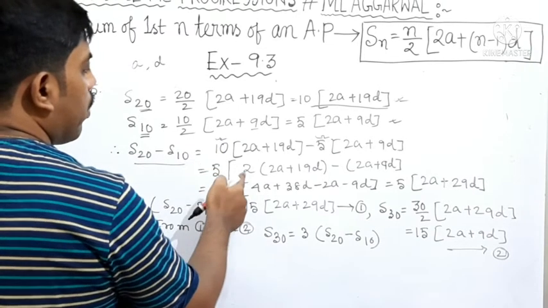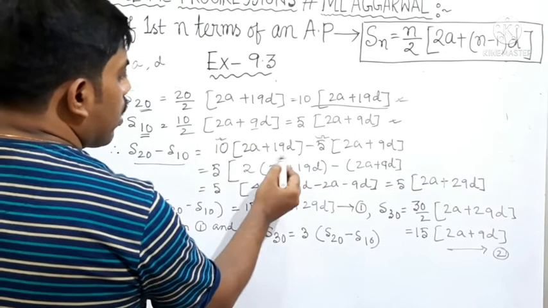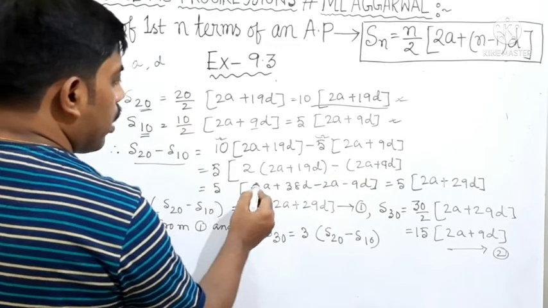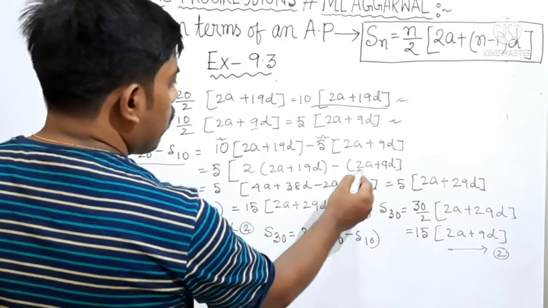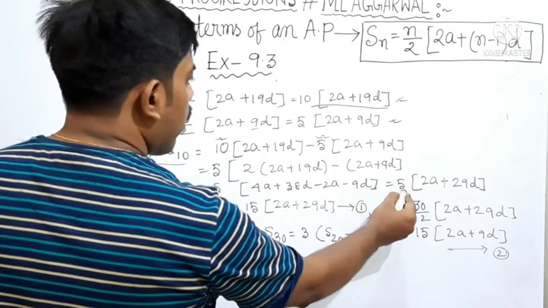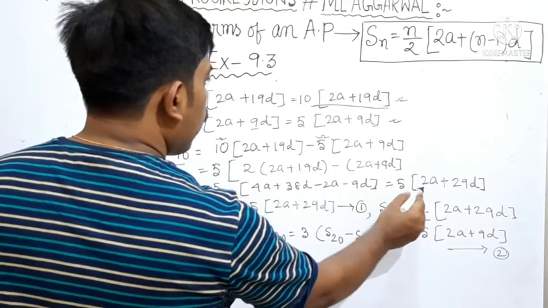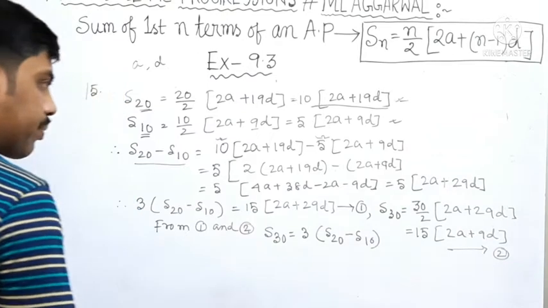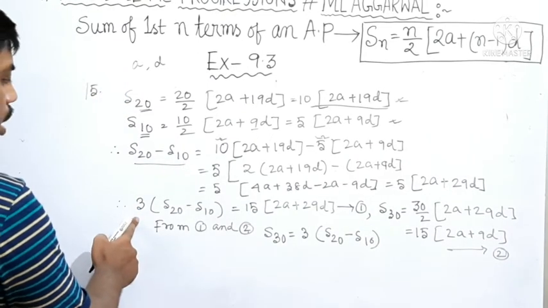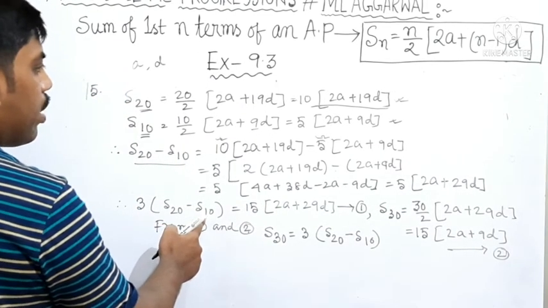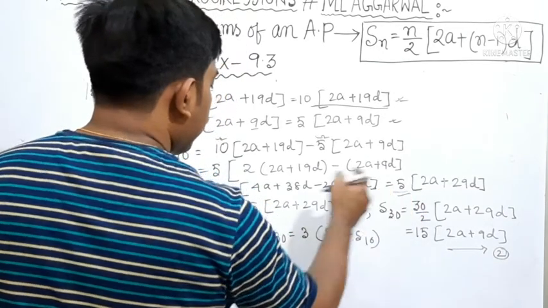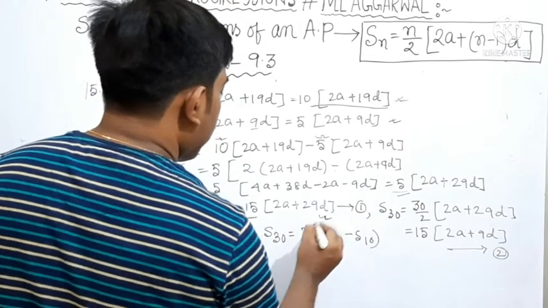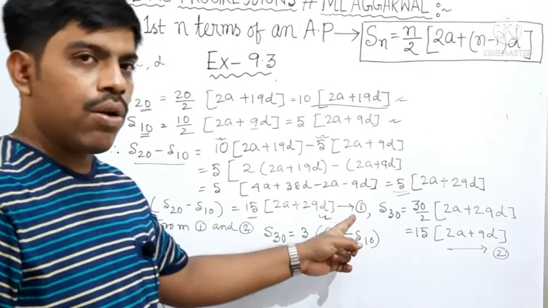So it remains 2 into twice a plus 19d minus twice a plus 9d. 5 common, then it will be 4a plus 38d minus 2a minus 9d, and it will be 5 into 4a minus 2a, it will be 2a, and 38d minus 9d, it will be 29d. Okay. So therefore thrice of S20 minus S10, just 3 times 5 means 15 into twice a plus 29d. I put it as equation number 1.